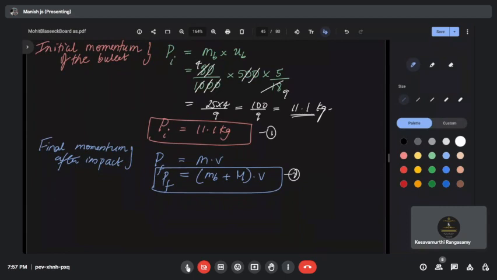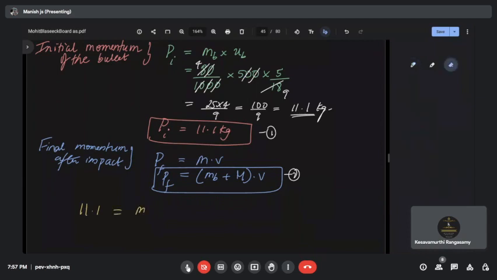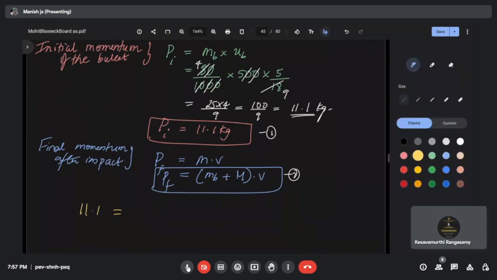Yes, sir. So we can equate 1 and 2. Equating 1 and 2, you get 11.1 is equal to the mass of the bullet, which I substitute here: 80 grams, in kilograms 0.08 kilograms, plus the mass of the wooden block.